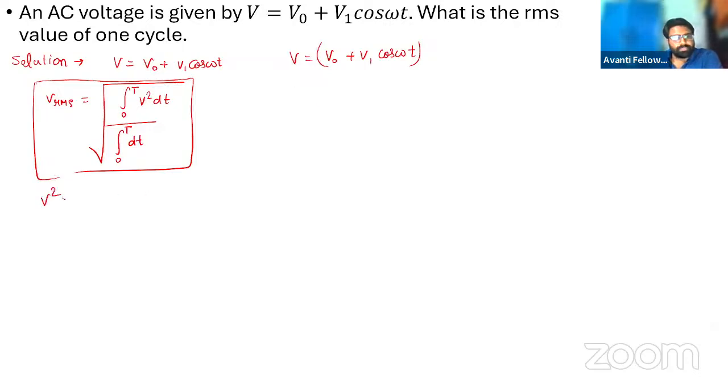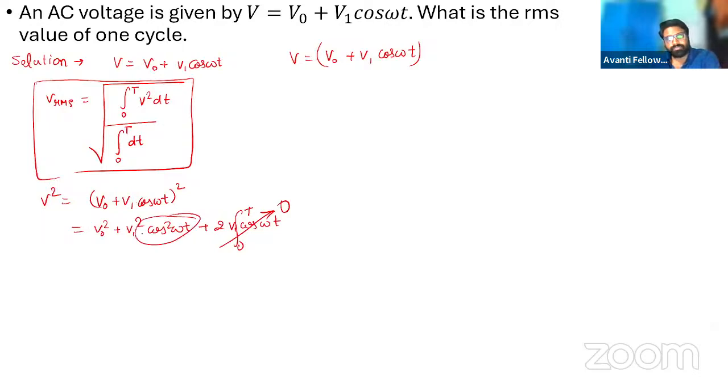So here V square is nothing but V naught plus V1 cos omega t whole square. So it is V naught square plus V1 square cos square omega t plus 2 V naught V1 cos omega t. If you see here, for a complete cycle 0 to T, this trigonometric function will become 0. So the only function you need to integrate is V1 square cos square omega t.